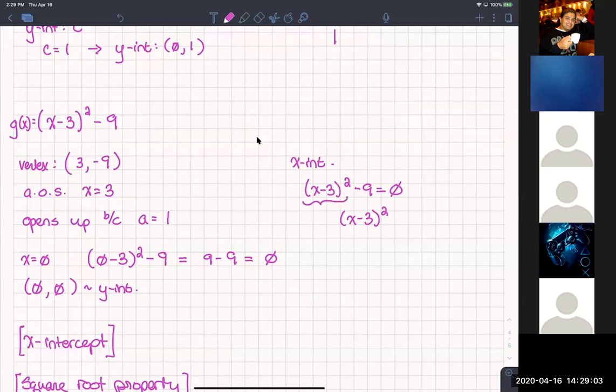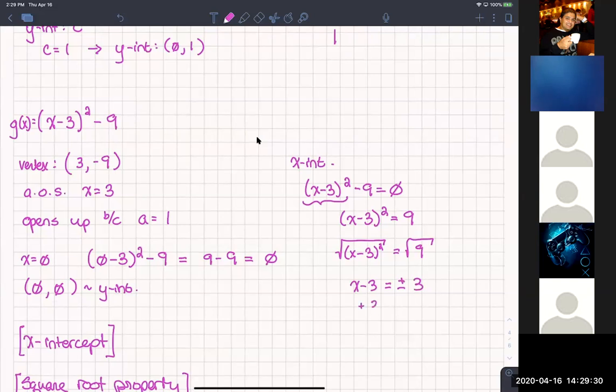So we move everything that's not part of the square to the other side. Then we do the square root property and take the square root of both sides. Remember, when you square root a square, they undo one another. That gives you x minus 3 equals plus or minus the square root of 9, which is 3.